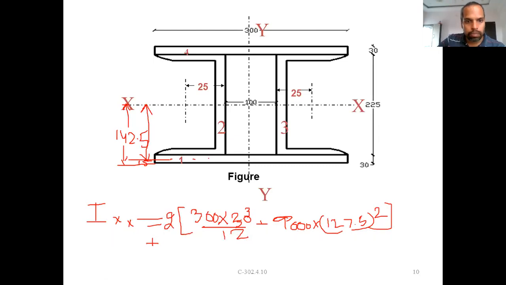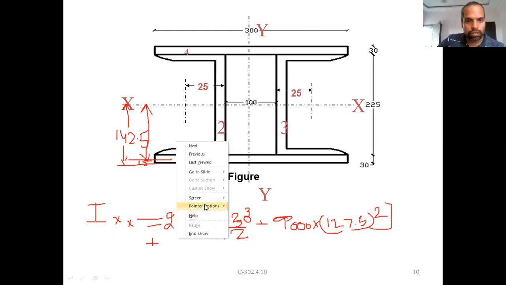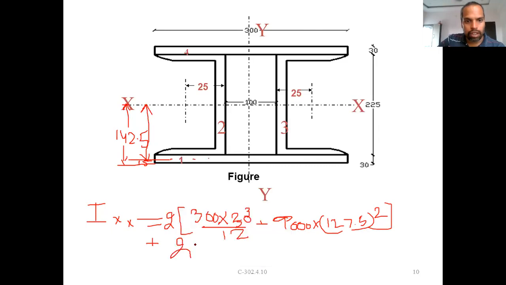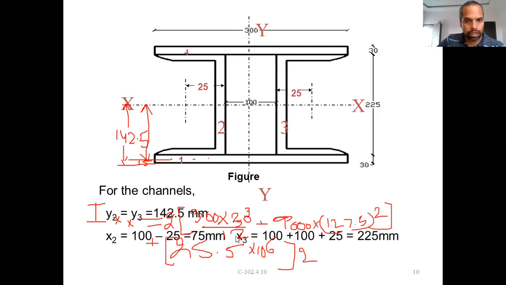Again, here you have to multiply by 2 because two channels are there, to get the Ixx of the entire figure.